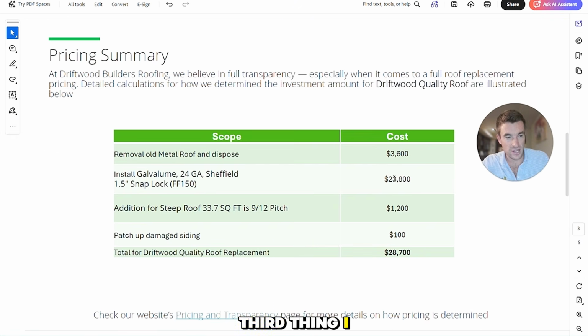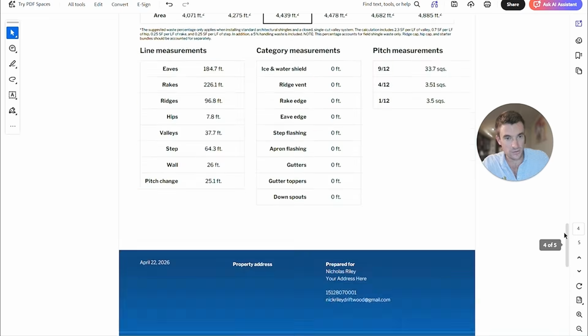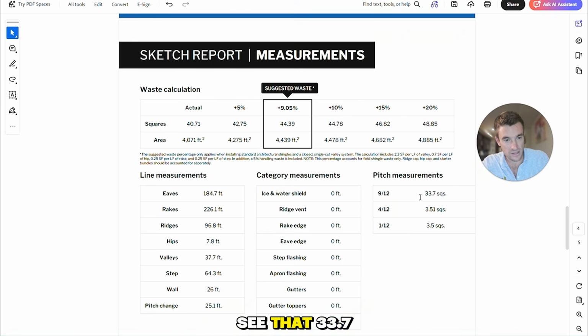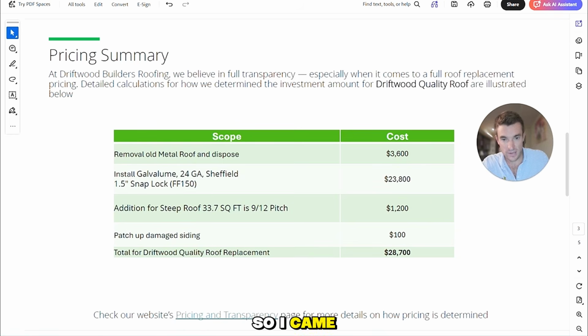And then the third thing I did is add in a cost for the additional steepness of the roof. We go back here to the roof snap, and you can see that 33.7 squares is a little bit steeper, at a 9/12 pitch. So I took 33.7 and multiplied it by our price for the 9/12 pitch, which gets me to $1,200 additionally for the steepness of the roof.